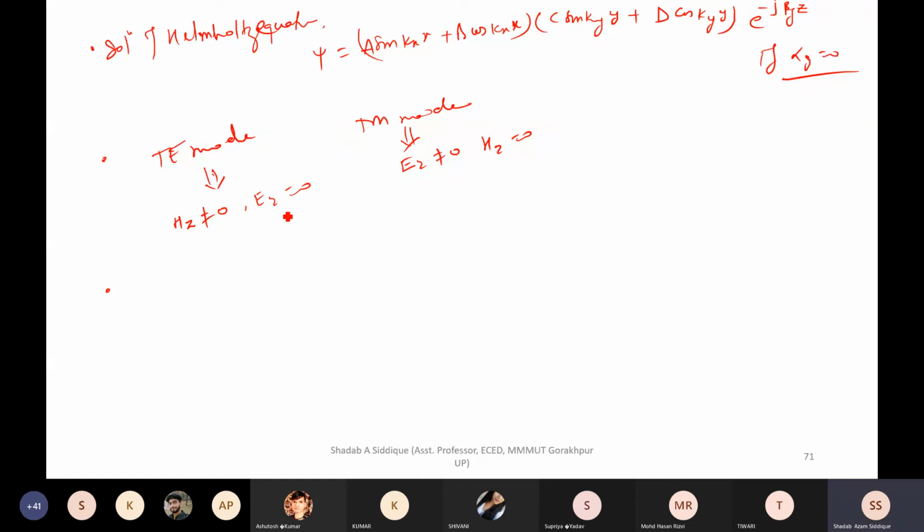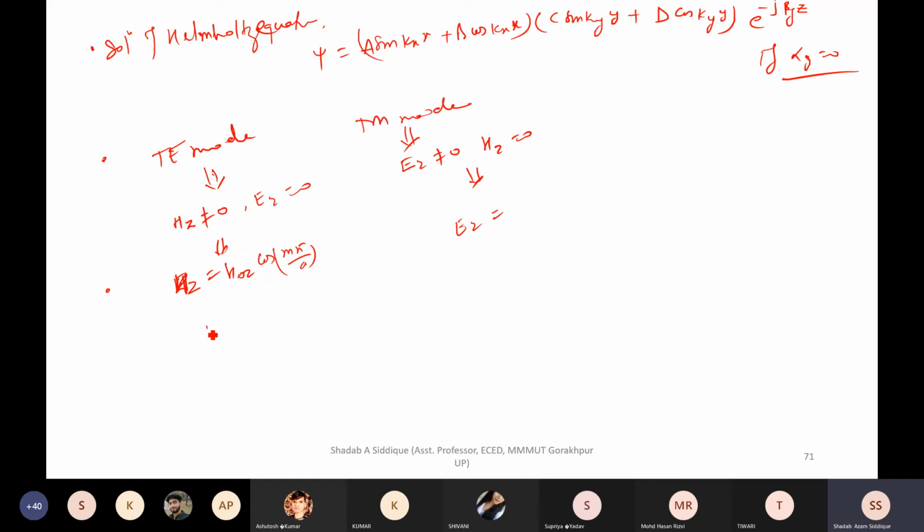And you are able to find out Ez, which is already 0, and Hz for the TE mode. What is the value of Hz? So H naught z, we had cos m pi by a. You should remember why cos or sine is there.